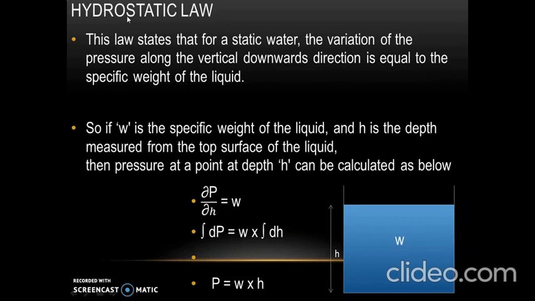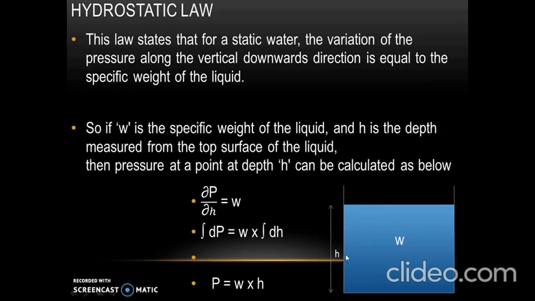Now we will define hydrostatic law. It states that for a static liquid, the variation of pressure along the vertical downward direction is equal to specific weight of the liquid. Let W be the specific weight of the liquid and H is the depth measured from top surface of the liquid.